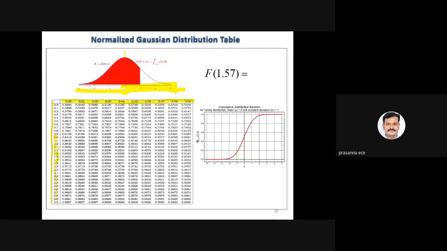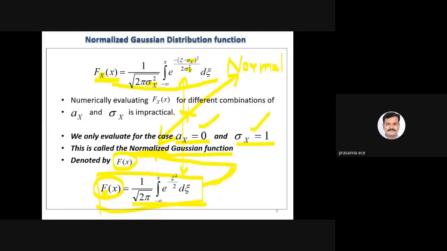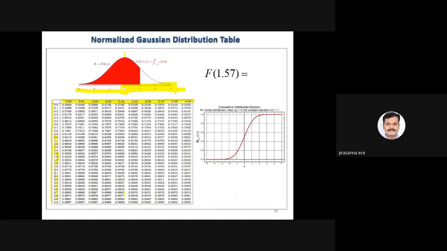The values present here are numerically calculated for f of x, not the fx of x. Just go back to the previous slide. These are the values calculated for this f of x, the values of f of x at various locations along the x-axis.